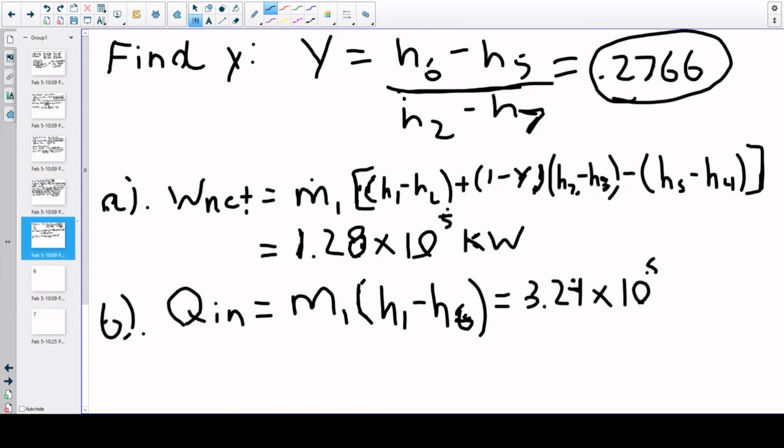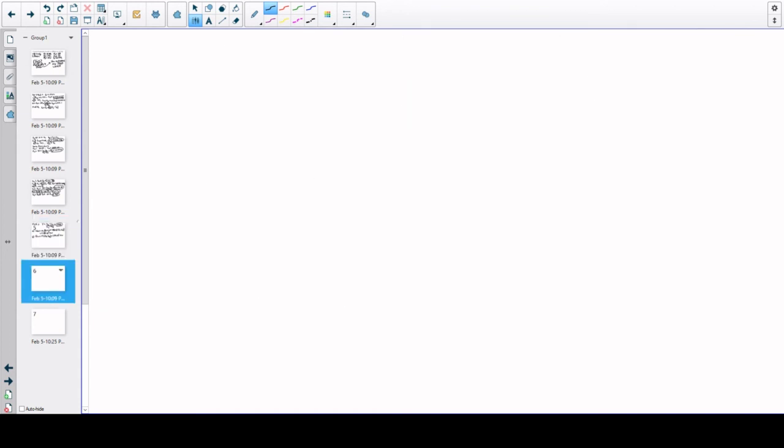And the final part is the thermal efficiency of the cycle, which is just the work net over Qn. What we want over what we had to put in for it. And we just found both of these values, so that makes things pretty easy. You just insert what we just found in its proper place.